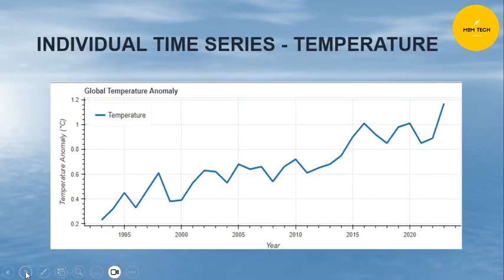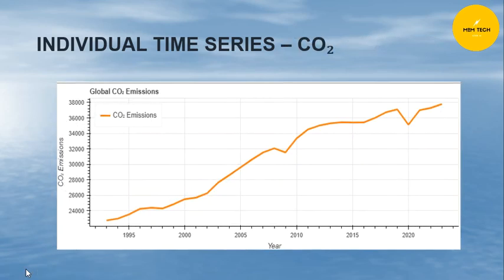And lastly, I did the three graphs separately. So you see the temperature rose just a little bit over 1 degree over the past 30 years or so. But it's enough to have some huge effects.